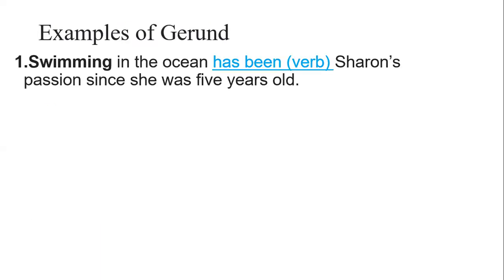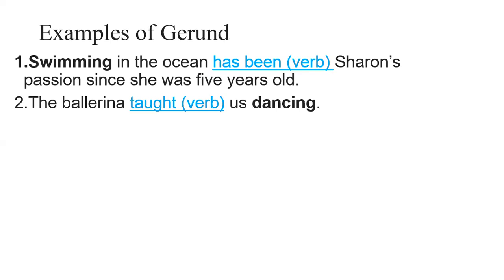Examples of gerund. Swimming in the ocean has been. Now, see here, swimming. You're talking about swimming as a noun, as a name. What is in the ocean? That is swimming. And has been is basically a verb here. The ballerina taught us dancing.